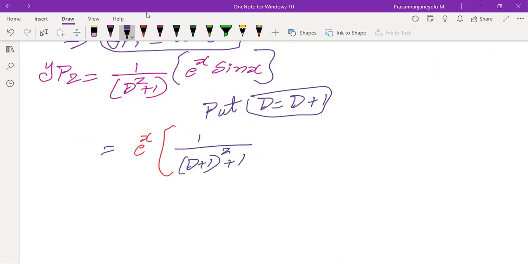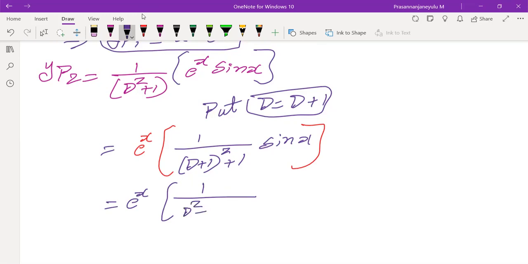In place of D only we substituted it. Now if we do simplification in the denominator, it's going to become e power x into 1 by D plus 1 whole square, expansion a plus b whole square, a square plus b square plus 2ab, plus 1 already is there.